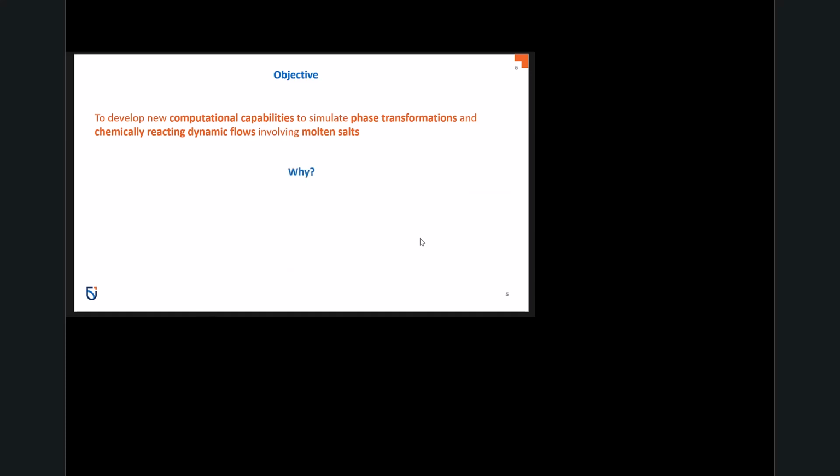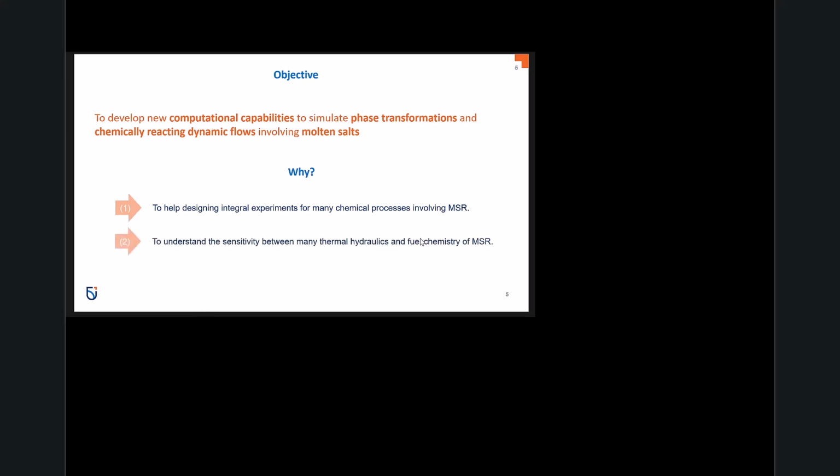The main reason why we need to simulate that is to help design an integral experiment on molten salt reactors. It's really complex to develop experiments involving that. So having a numerical tool set that may provide some of those capabilities may save a lot of money for industry. We also need to understand the sensitivity between thermophysical properties for these chemically reacting dynamic flows.